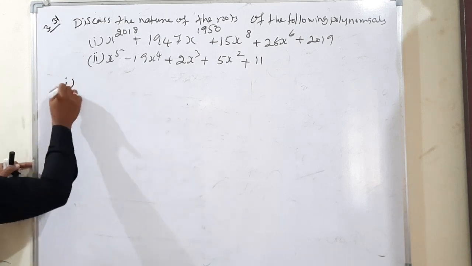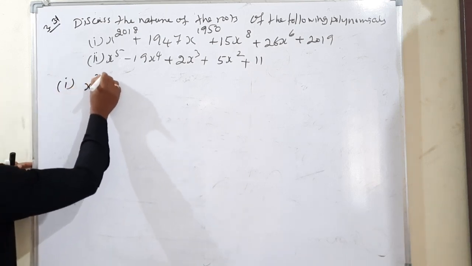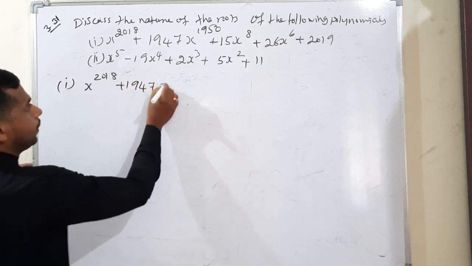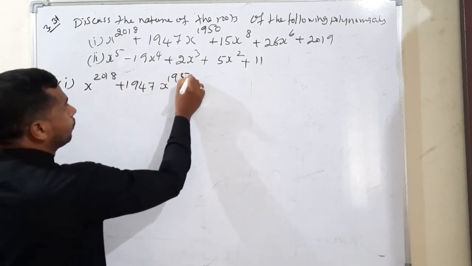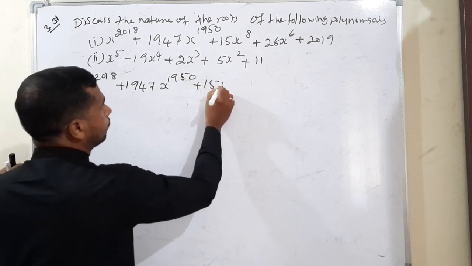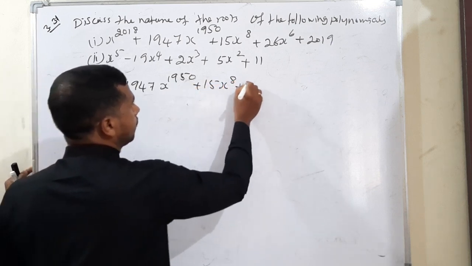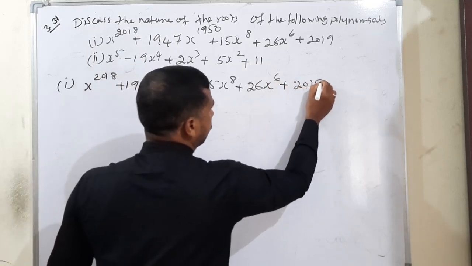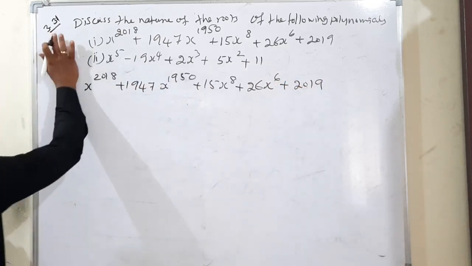Subdivision 1. The polynomial is x to the power 2018 plus 1947 x to the power 1950 plus 15 x to the power 8 plus 26 x to the power 6 plus 2019 constant. This is considered for p of x.